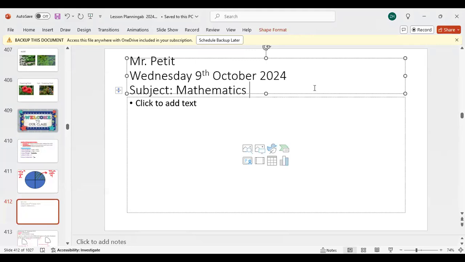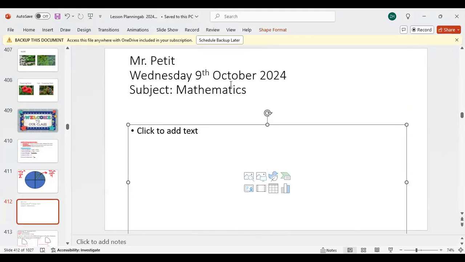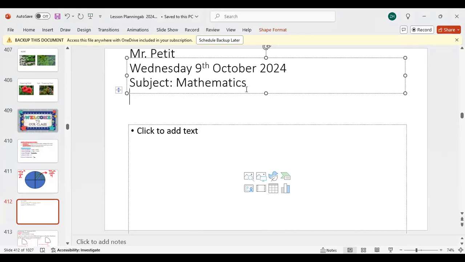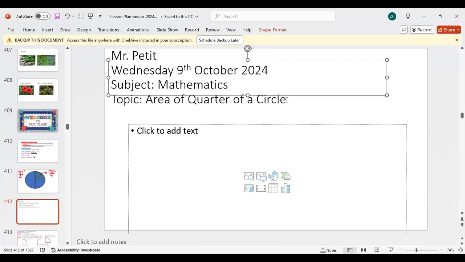We'll be looking at the area of a quarter of a circle.